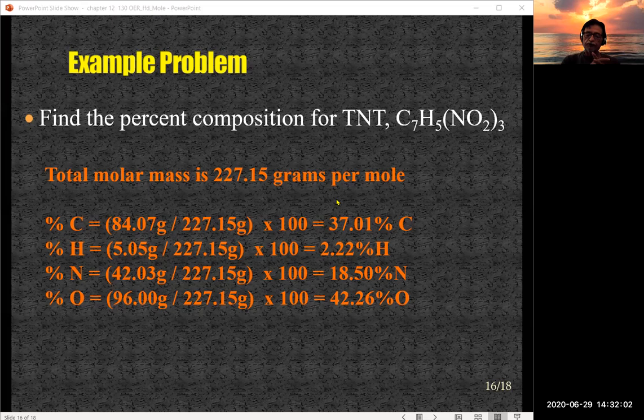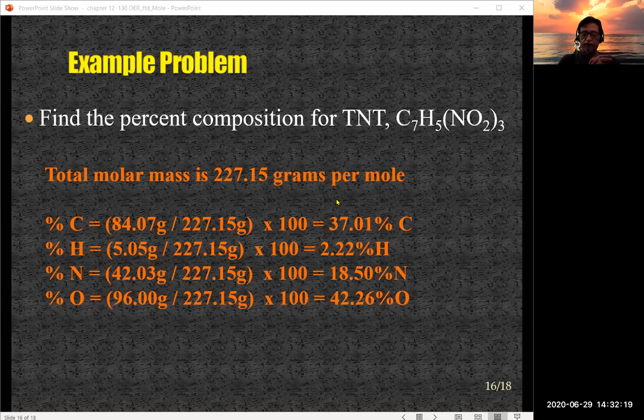Okay. And then we go individually. Carbon brought in 84.07 grams, hydrogen brought in 5.05 grams, nitrogen brought in 42.0 grams, and oxygen brought in 96.00 grams.